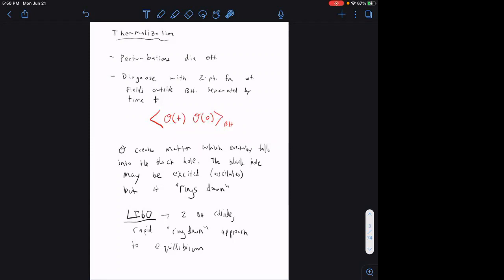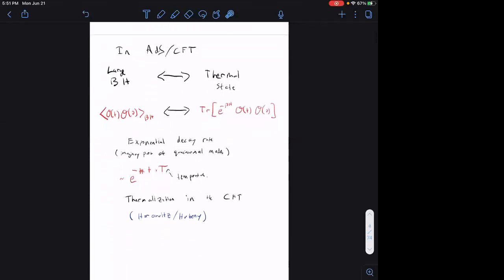One interesting side note is that this sign of thermalization for a black hole, this ring down effect that I just mentioned, you can actually see an example of it in real life from this LIGO measurement, where they measured gravitational waves from 2 black holes colliding. After they merge, you can hear this rapid ring down effect in the signal they measured. So that's pretty neat. And specifically, in AdS/CFT, this can be made pretty precise.